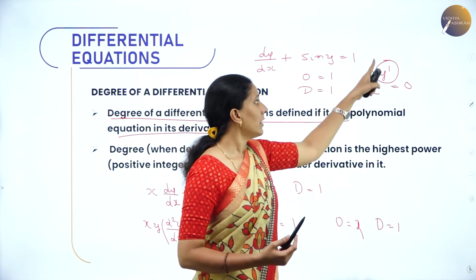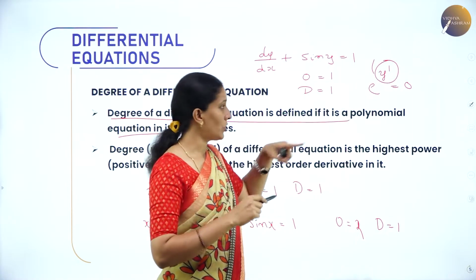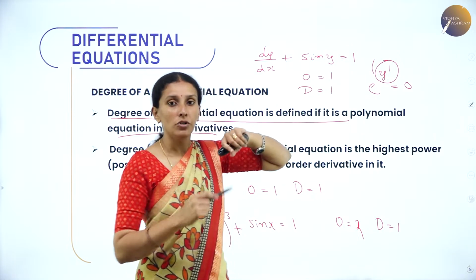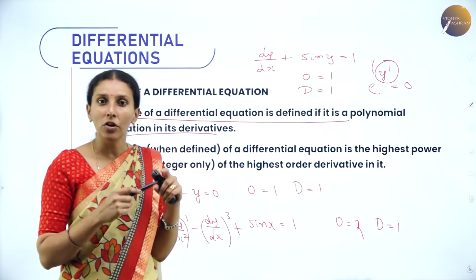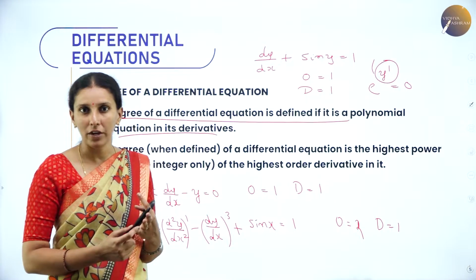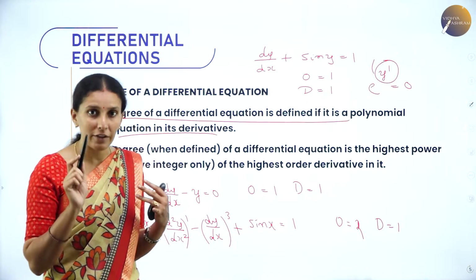But here dy/dx, or the derivative, is not in terms of a polynomial equation. It is within an exponential function. So if the derivatives are inside or in terms of powers of any exponential or logarithmic or trigonometric function, then we say the degree of the differential equation is not defined.